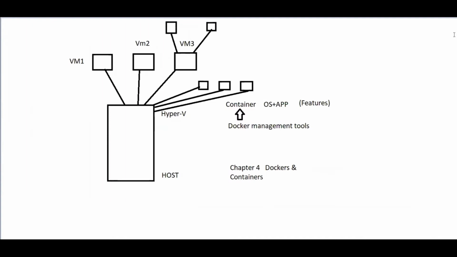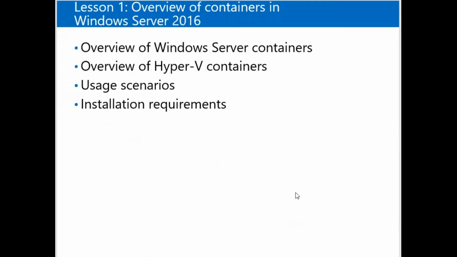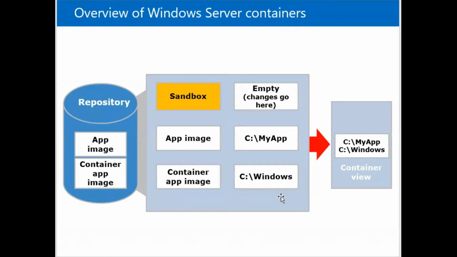Now let's have a look at a few things about Docker and containers, and after that we're going to implement them. Now, an overview of Windows Server containers. We have the app image, container app image, and sandbox, where changes go. What is a repository?